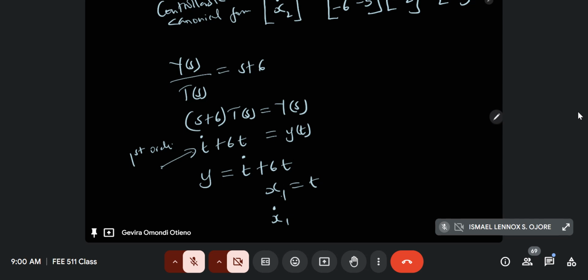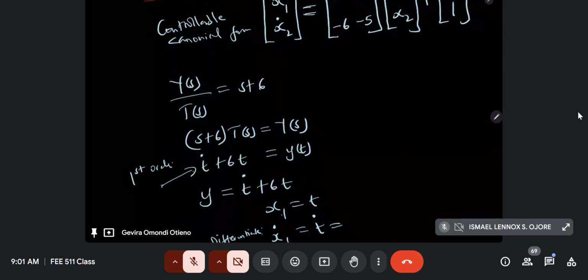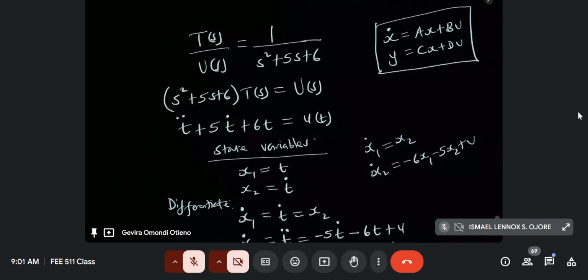And then of course we are differentiating like we did. The process remains the same. So if we differentiate, you get a derivative of t. But the derivative of t, clearly, you can see from our first block. Remember, derivative of t was what? Derivative of t is x2, okay?